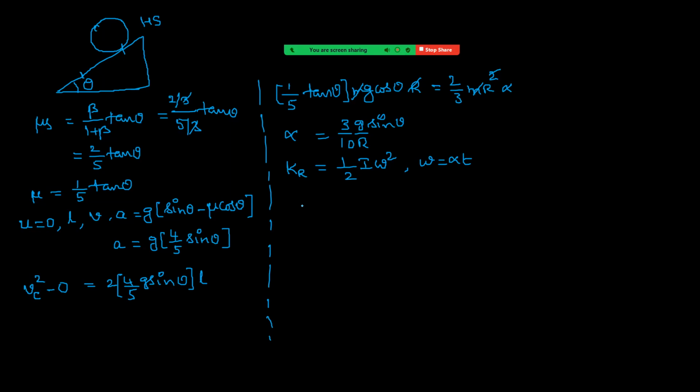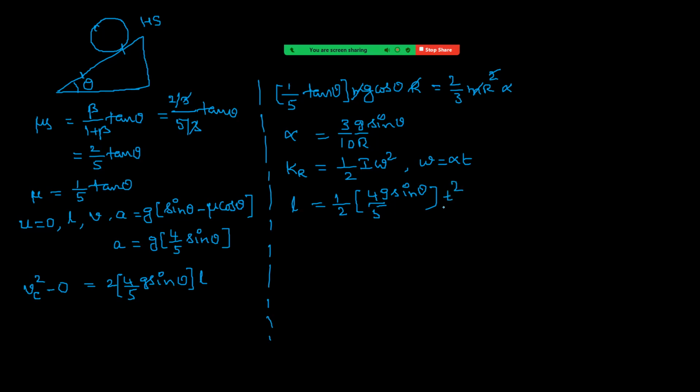I'm taking u equal to 0, displacement is known, acceleration is known. We want to find out t value. So we can write s equal to half a t square, a value 4g sine theta upon 5, half a t square.